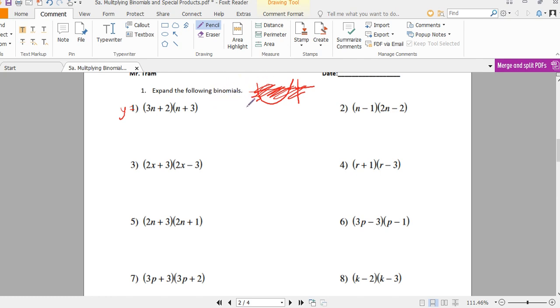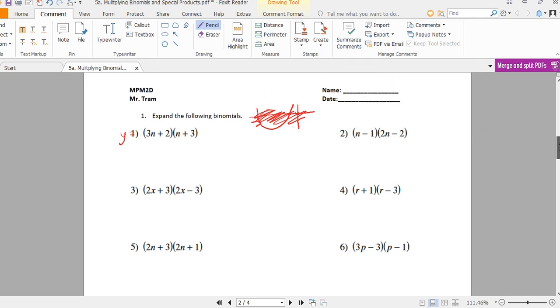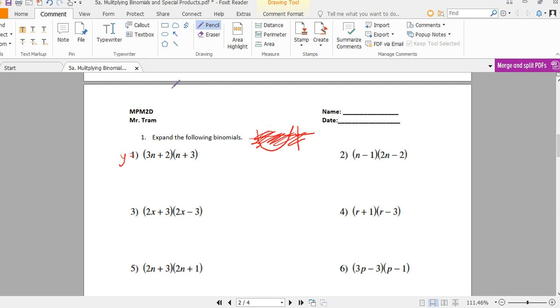Now there is an acronym that helps some students, not so much others, but I'm going to show you it anyway, and that is FOIL. What does this acronym stand for? First, out, in, last.